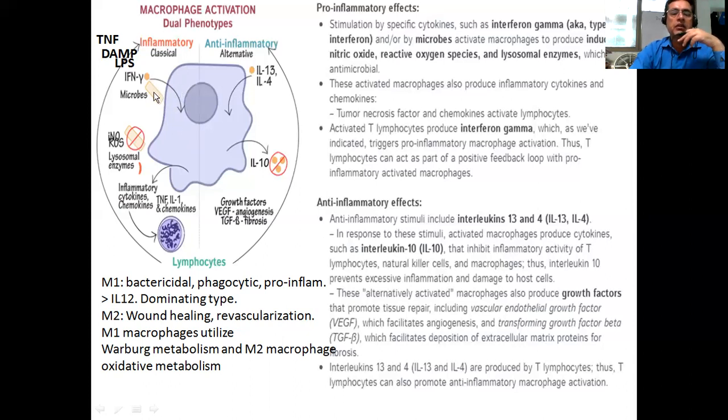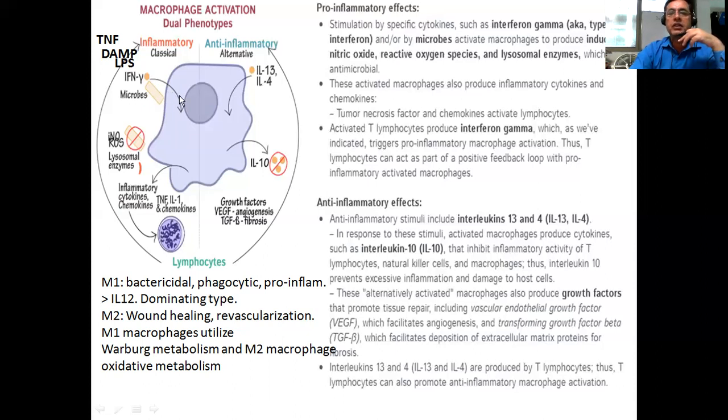These PAMPs are patterns, so they are not highly specific, but they can be specific to groups of bacteria or groups of viruses, which are recognized the same way, and the macrophage deals with those groups of bacteria, viruses or parasites in the same way.